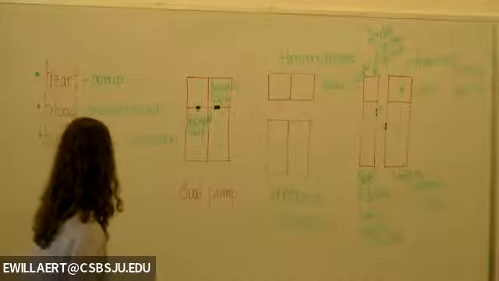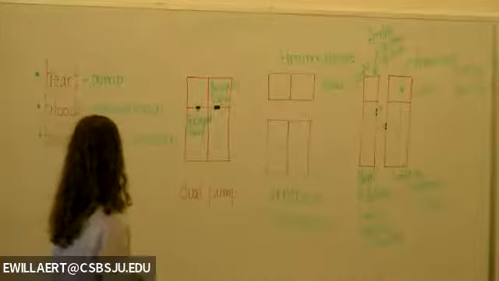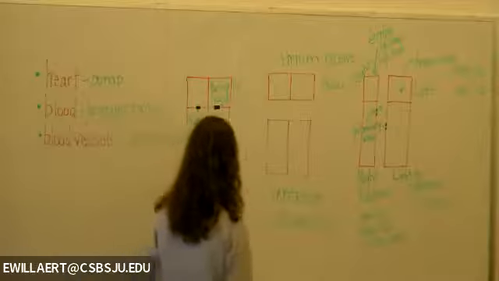And then we also have our pulmonary valve in our ventricle, and this is going to connect the ventricle to the pulmonary circuit, so it's the pulmonary valve going from the heart to the pulmonary lungs.